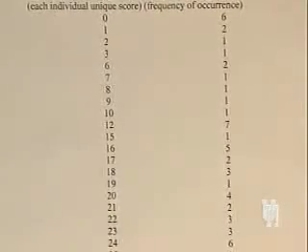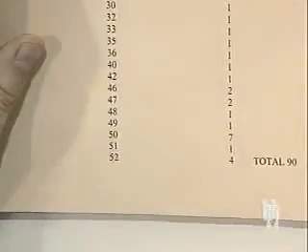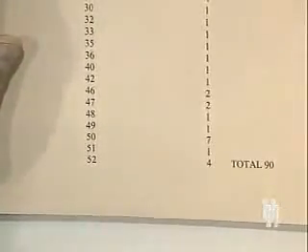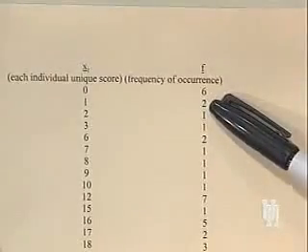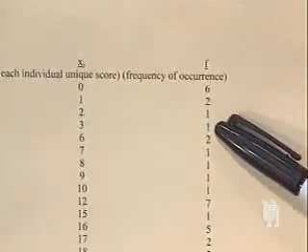You should have discovered that there were 6 zeros, there were 2 1s, there was a 2, there was a 3, there were 2 6s, and so on, through to there being 4 52s and a total of 90 scores.